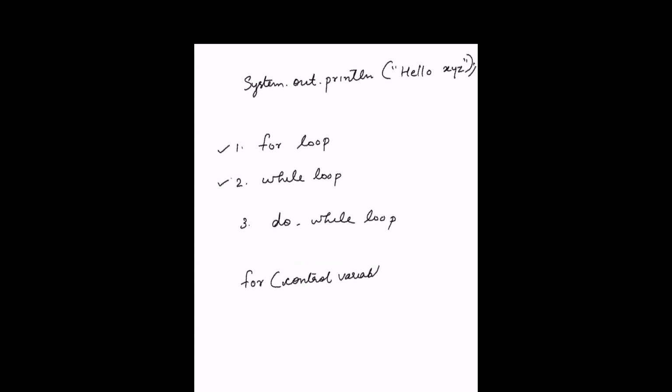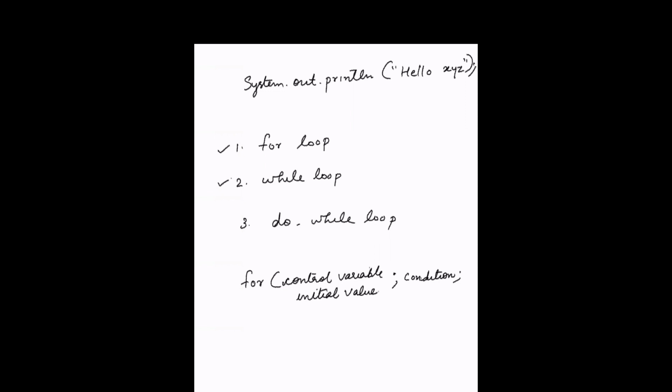So this control variable, I will give an initial value to control variable, put a semicolon, then write the condition here. Condition means for how long the for loop should get executed. That condition is what I'm writing here.